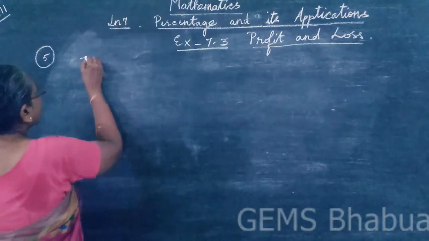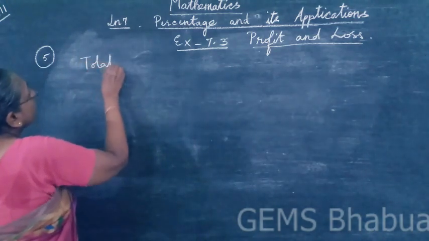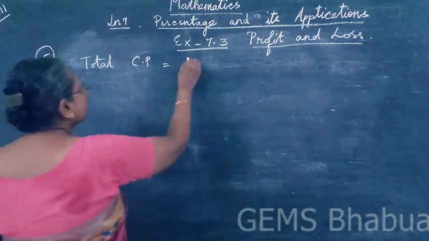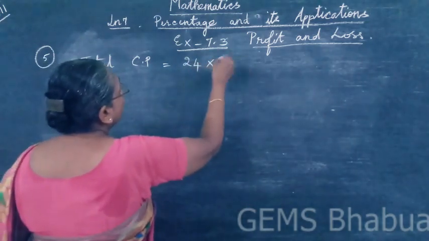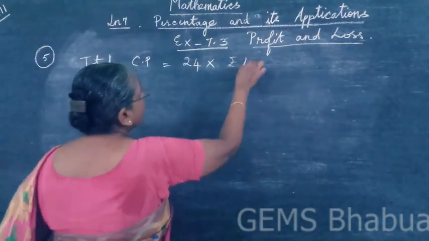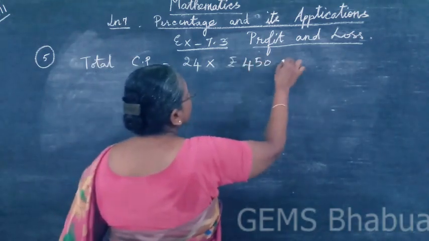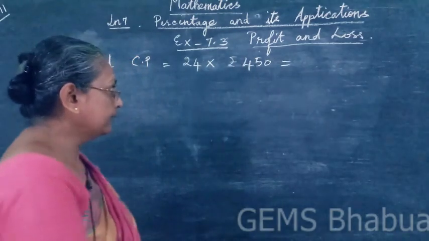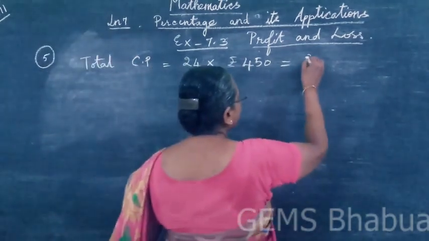So what is the total cost price? The total cost price we can find to be 24 multiplied with rupees 450. When we multiply 24 with 450, we get rupees 10,800.